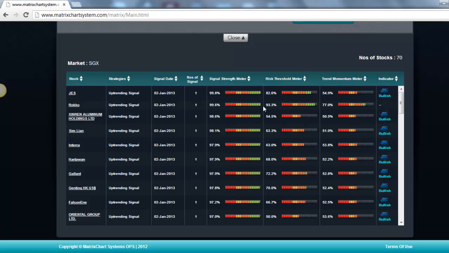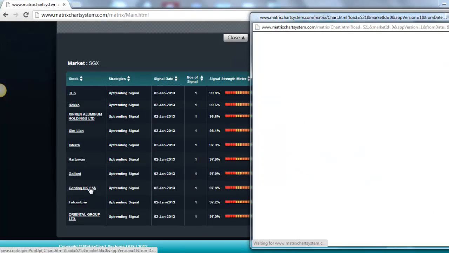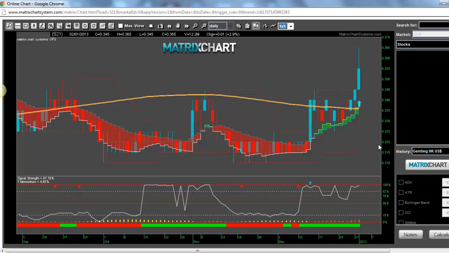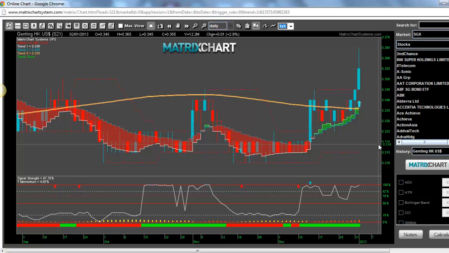If you are a seasoned trader and you like to work with the charts and the numbers, you can click on the stock that you're looking at, and immediately a chart will open up. Now this chart has already been analyzed by the strategies of MATRIXCHART.